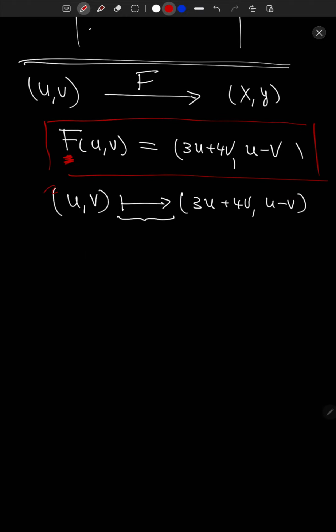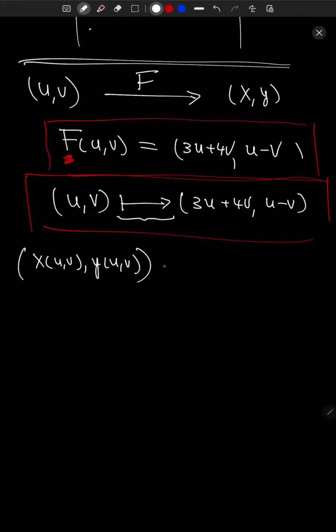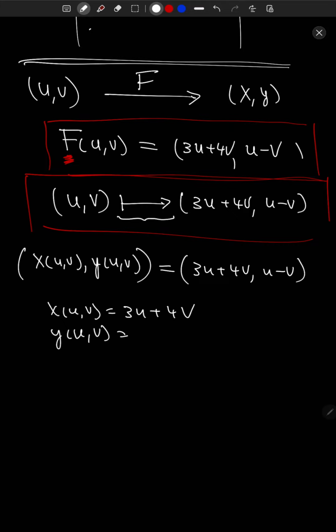So this is another way to describe the same thing. And yet another way would be x of (u, v) comma y of (u, v) is equal to (3u plus 4v, u minus v). Or we could just write them separately: x of (u, v) equals 3u plus 4v, y of (u, v) is equal to u minus v.